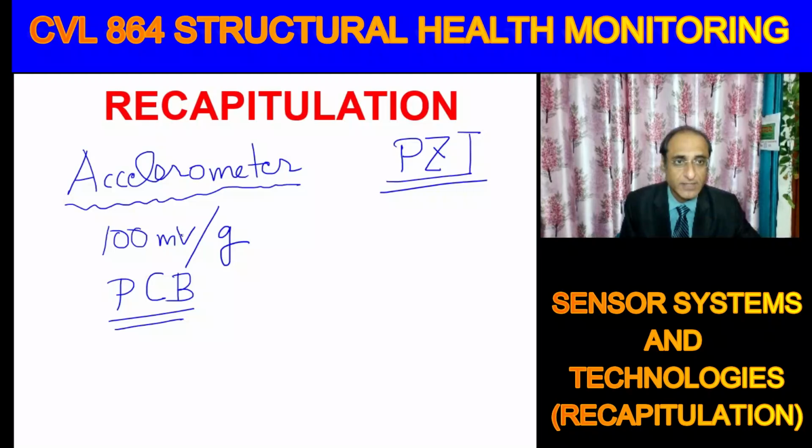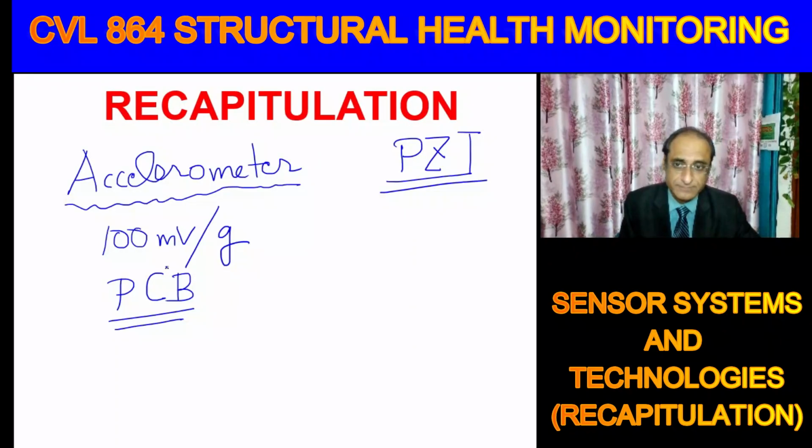This is the calibration constant of the accelerometer. In the output you will get a profile. We'll discuss that, but what you get is the voltage response. Any voltage you have to convert into acceleration by this conversion factor.